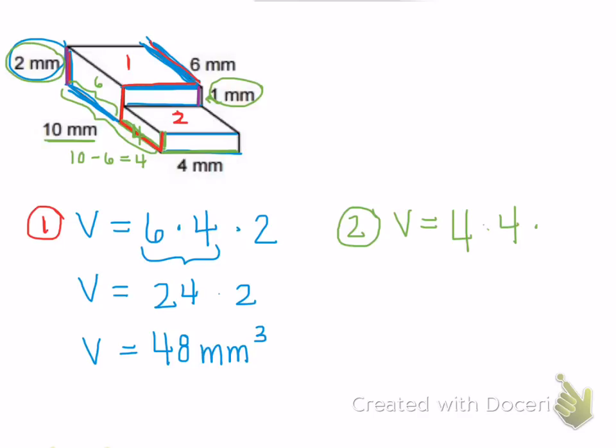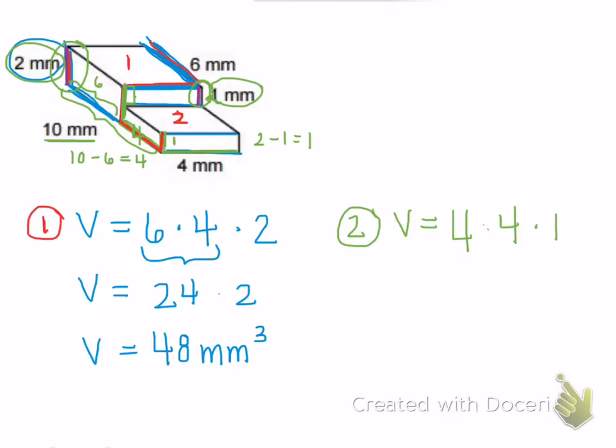So I have to take 2 minus 1. Again, I'm taking the total height minus this piece right here, to find the height that I'm missing. And 2 minus 1 equals 1. So I see that my height is 1.